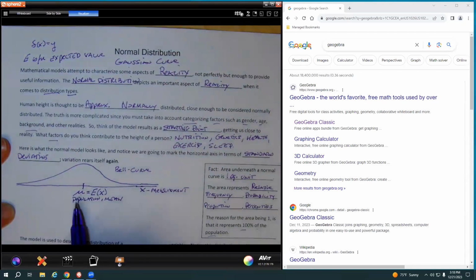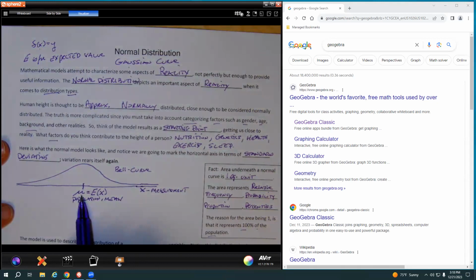Well, let's talk about height. Suppose that all 5th graders are on average 60 inches tall. Then if I grabbed a random 5th grader and asked, how tall is that person?